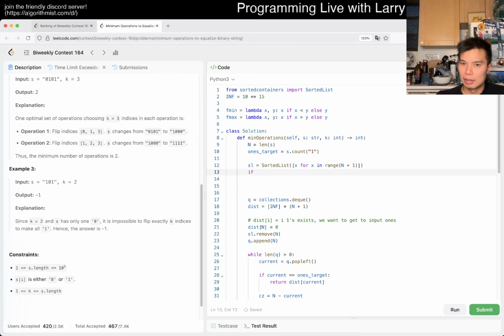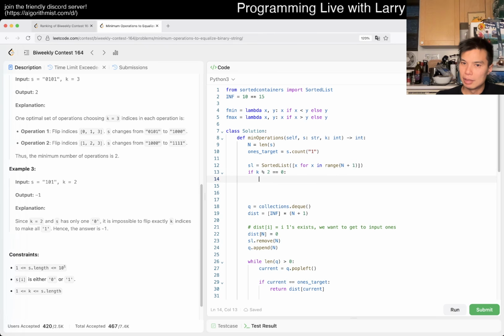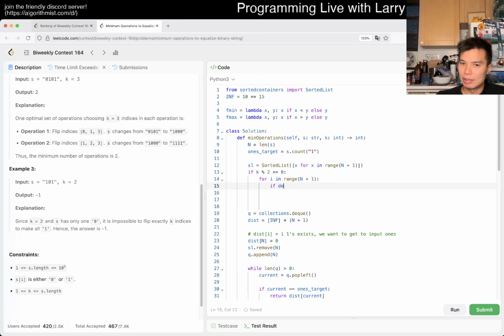If k mod 2 is even, then we start at n, right? Then for I in range of n plus 1, delta is equal to n, so we start at n minus I, right?